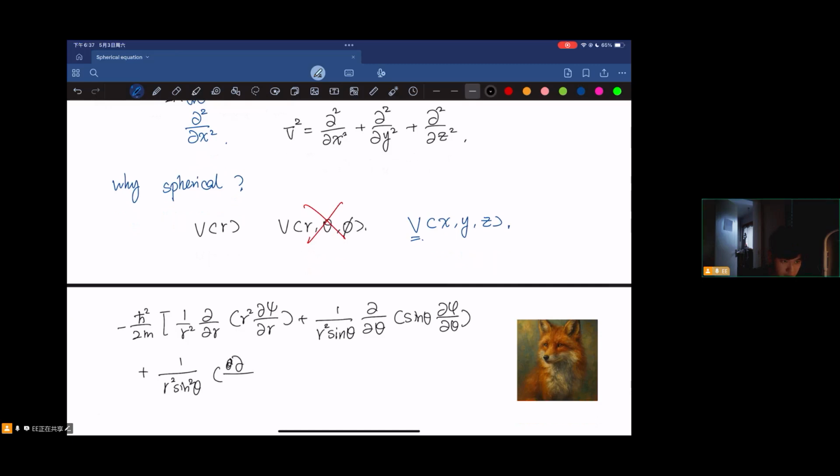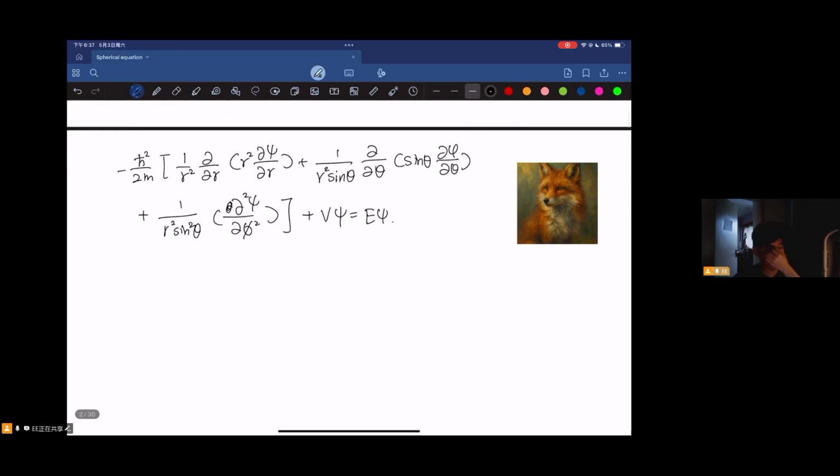When you're watching the video, you can speed up or just skip this step. Okay, so now we have this form.